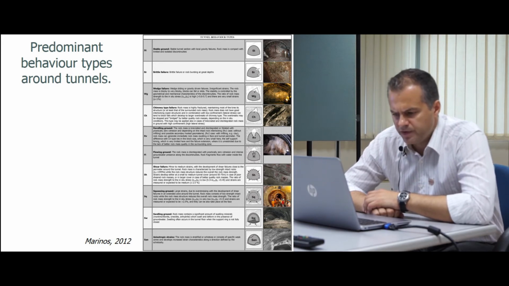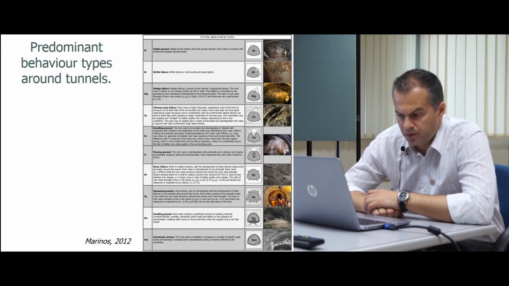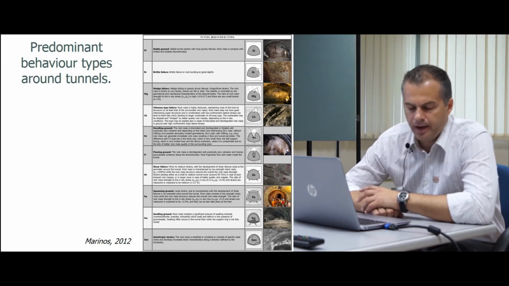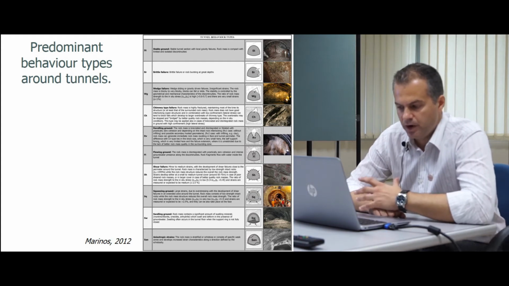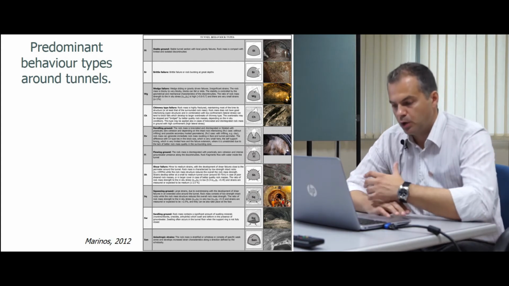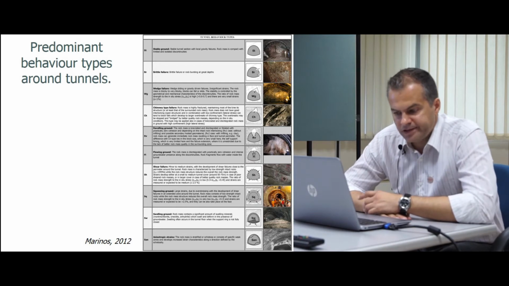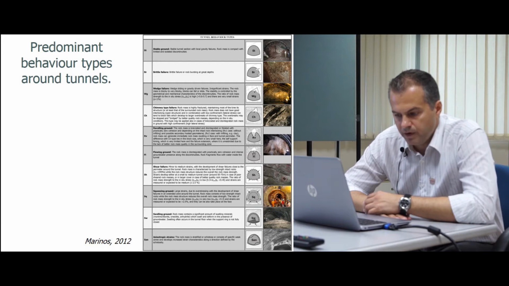So you have this chimney-type failure. You don't have very good interlocking. You have an open structure, and with a combination of very low confinement, let's say we are close to the portal or close to a stream, here all the blocks tend to fall and develop these larger overbreaks.